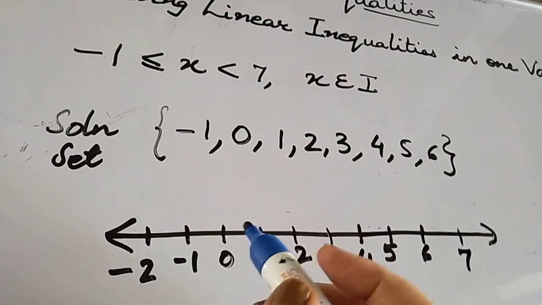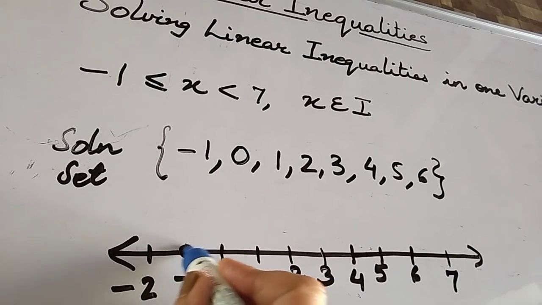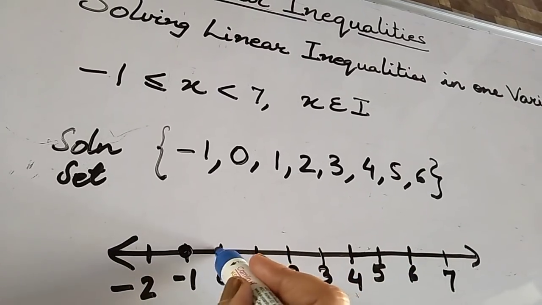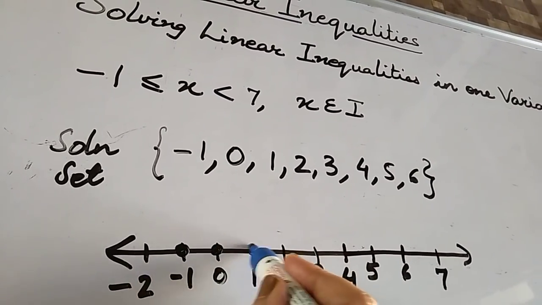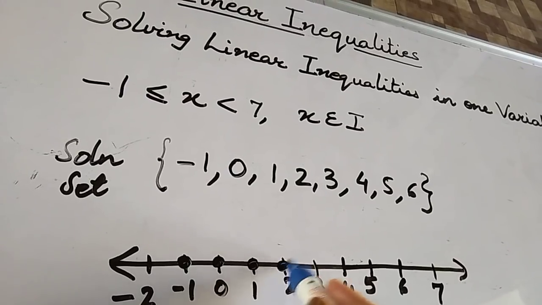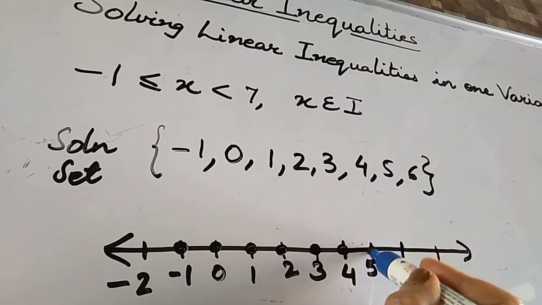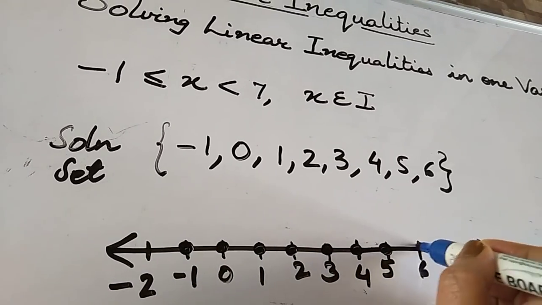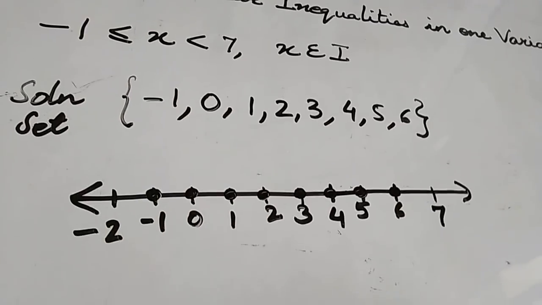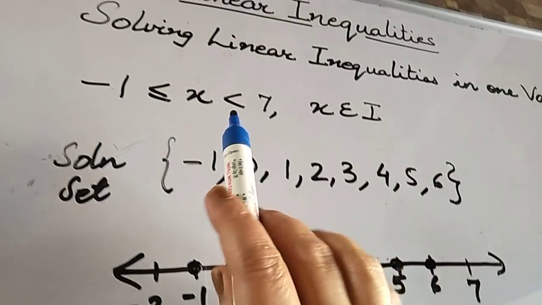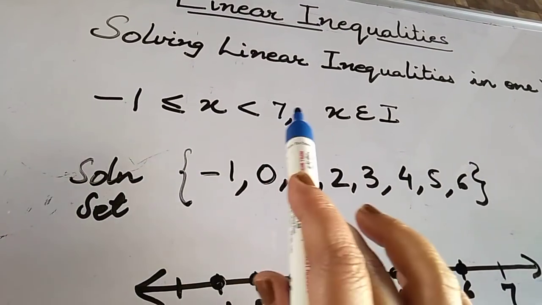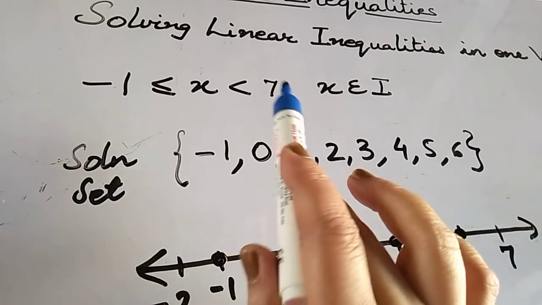Now, what is the solution set? How will you represent it on a number line? The -1 will be encircled, then 0, then 1, 2, 3, 4. Please draw it using a pencil. Don't draw with pen, children. Understood? This was a different type of question which I have not covered in my last lesson, so I am just explaining this.